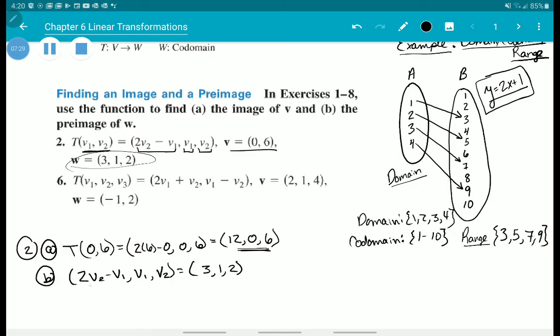So that means that this component, 2v2 minus v1, has to be equal to 3. v1 has to be equal to 1, and v2 has to be equal to 2.